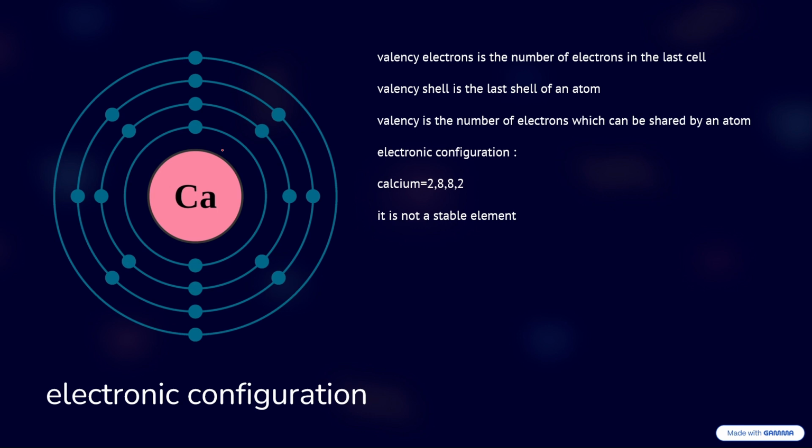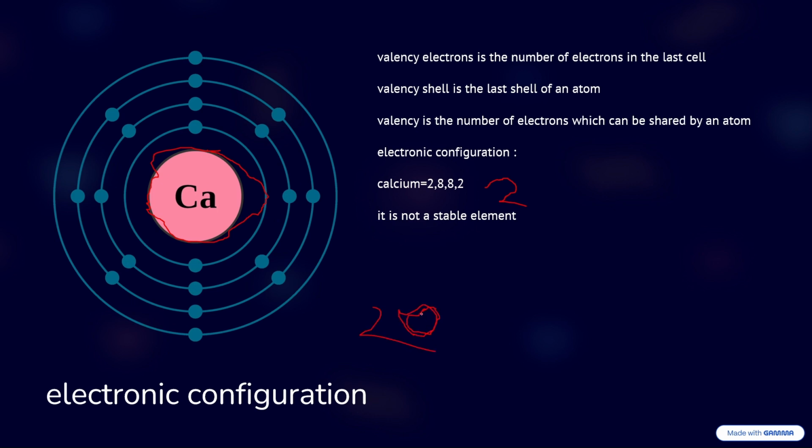Now valency. See, this is a calcium atom. In an atom, electrons and protons will be the same. I will explain how electronic configuration goes with this example. Suppose calcium: the atomic number of a calcium atom is 20.